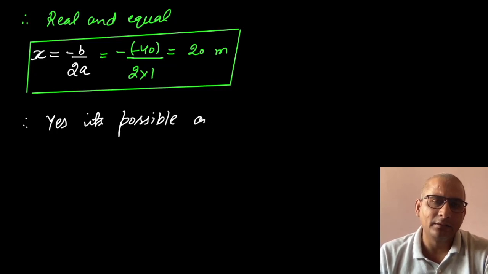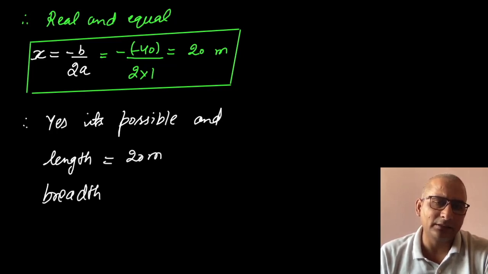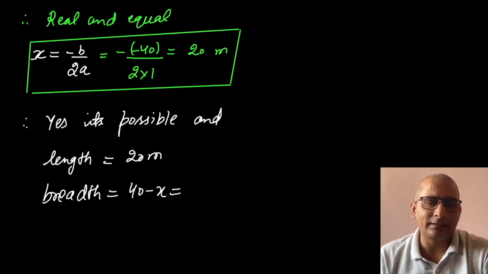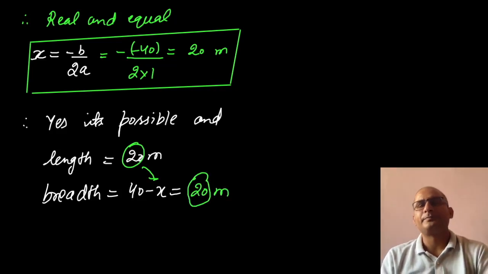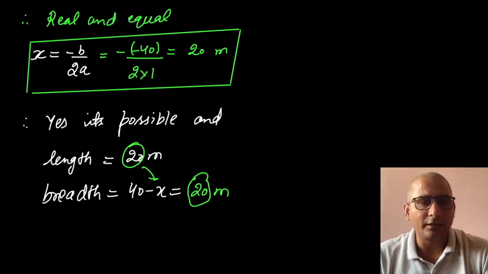And what is length in this case? 20 meters. And breadth in this case, breadth होता हमारे पास 40 minus x. So what is x? x is 20. So put x here. So breadth is also 20 meters. Right? I hope this question is clear to you.